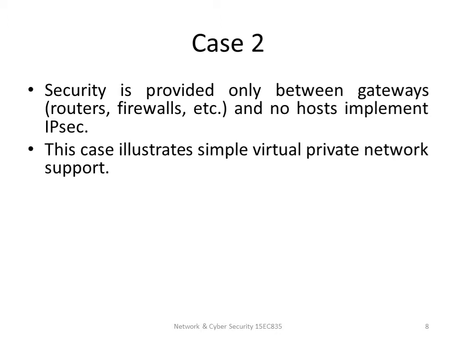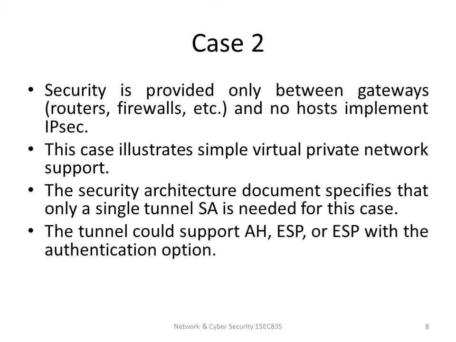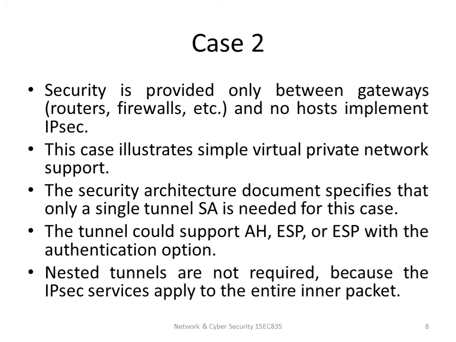This case illustrates simple virtual private network support. The security architecture document specifies that only a single tunnel SA is needed for this case. The tunnel could support AH, ESP, or ESP with the authentication option. Nested tunnels are not required, because the IPsec services apply to the entire inner packet.